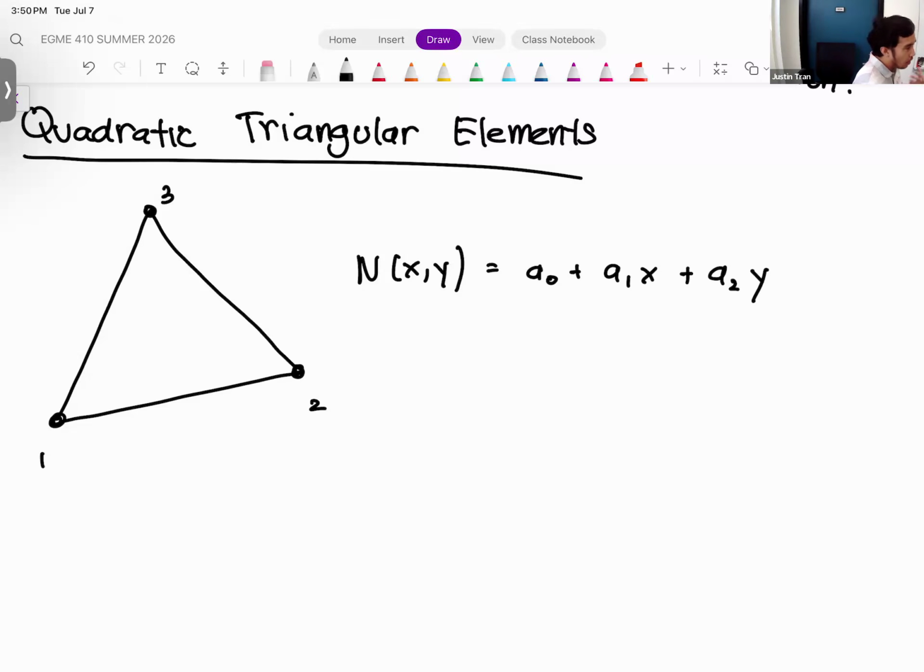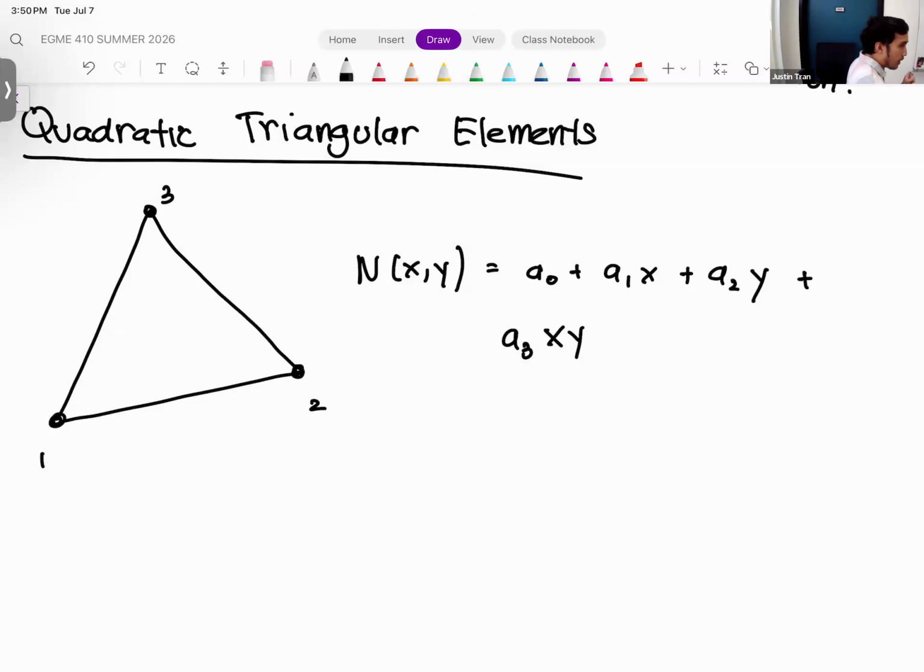So we have to capture basically all the same characteristics of the linear triangle, but we're going to add some additional terms on top of this to account for other types of solution. Those terms are the following. First we have the cross term, the term that the linear quadrilateral had, which is A3xy.